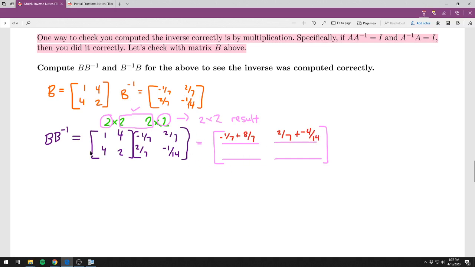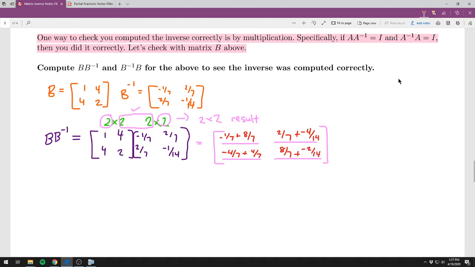Second row, first column, we go across second row, down the first column. 4 times -1/7 is -4/7 plus 2 times 2/7 is 4/7. And then the last entry here, row 2, column 2, across row 2, down column 2. 4 times 2/7 is 8/7 plus 2 times -1/14 is -2/14.